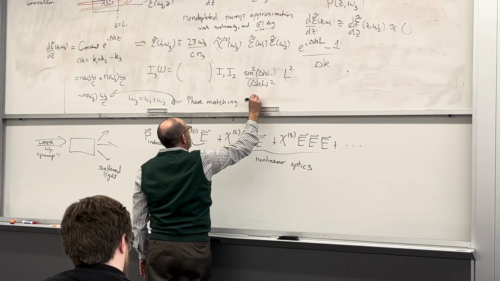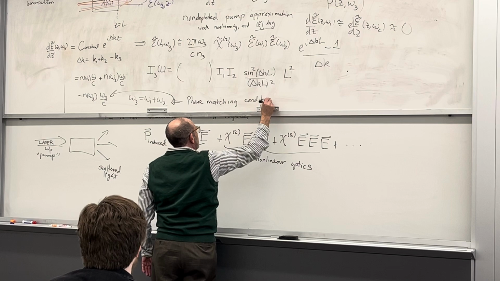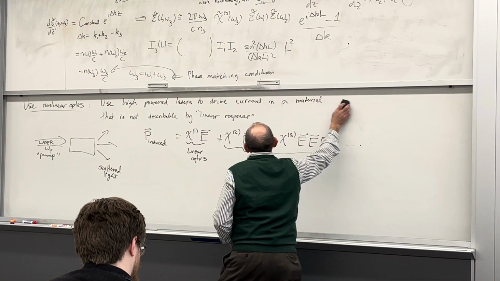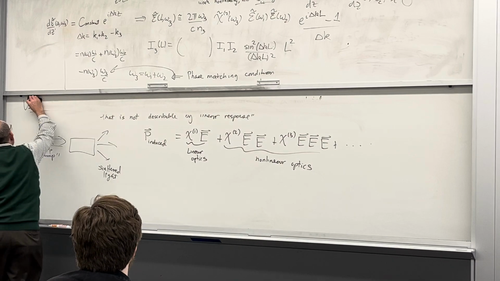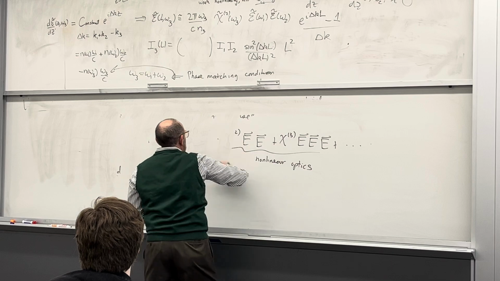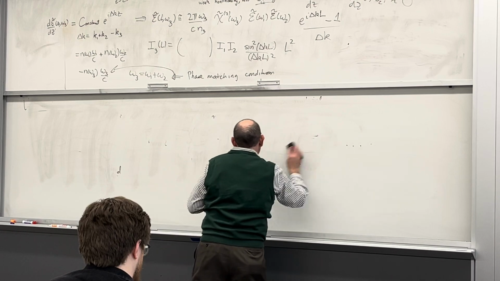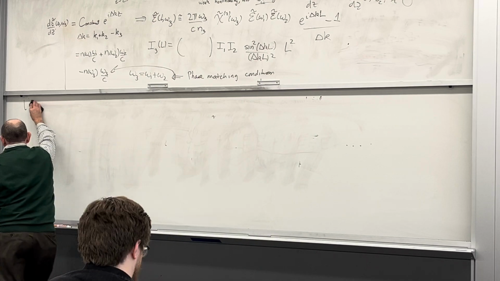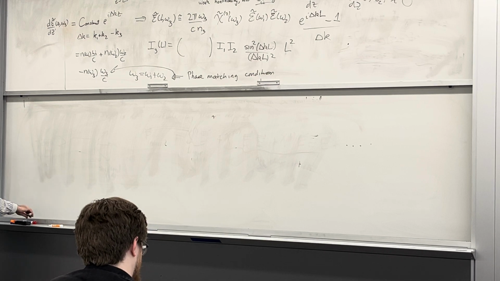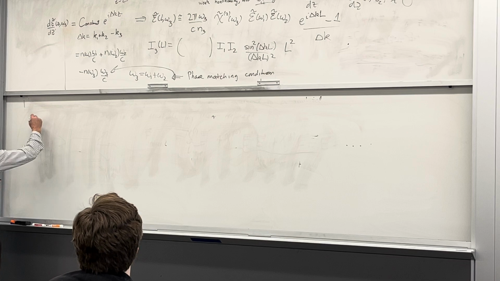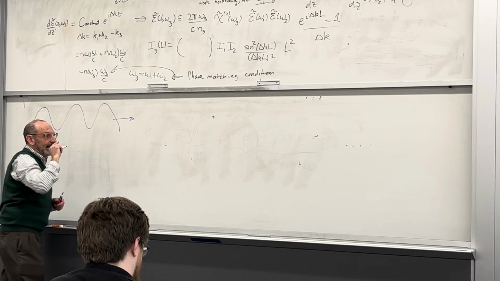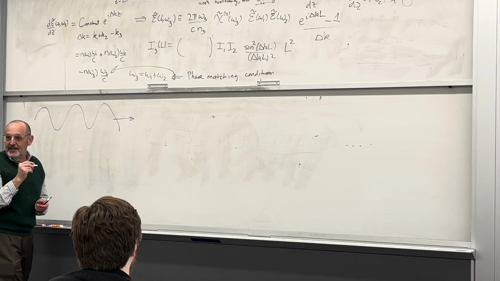Why is it called phase matching? The reason is that what I have is a radiated field that's propagating with some speed, right?